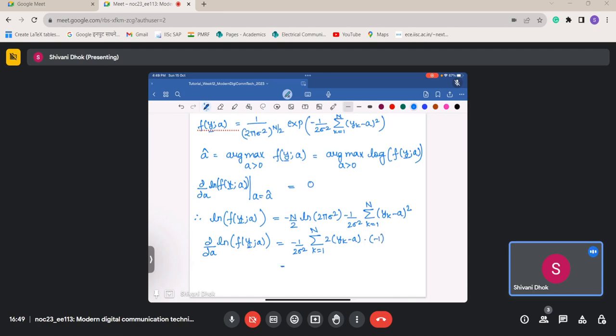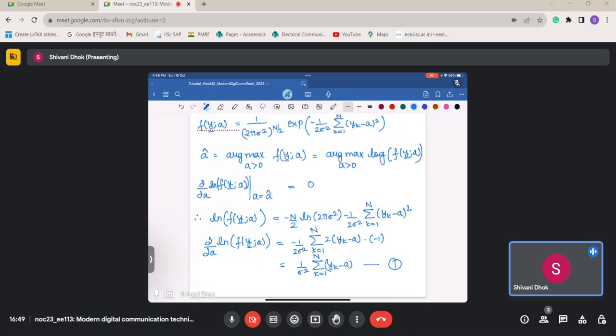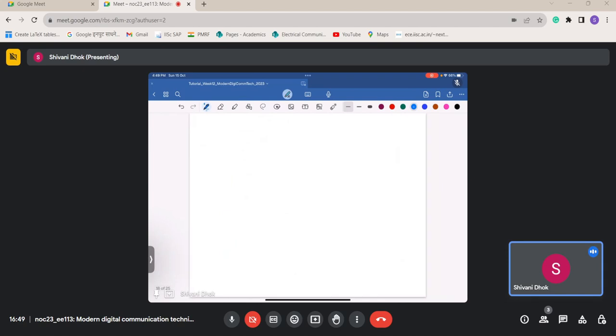So this comes out to be 1 by sigma square summation k running from 1 to N of (yk minus a). This is equation 1. We need to set this equal to 0 when a is equal to a hat. So we have 1 by sigma square summation k running from 1 to capital N of (yk minus a hat) equal to 0.